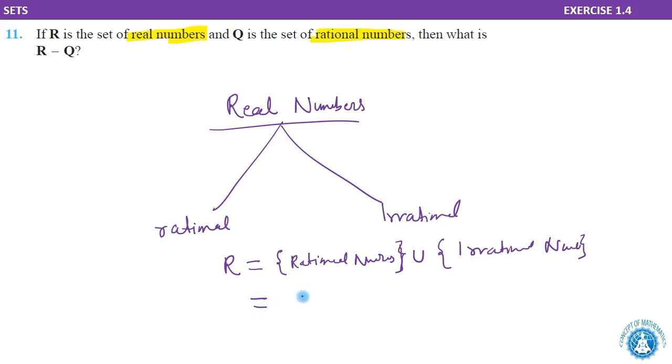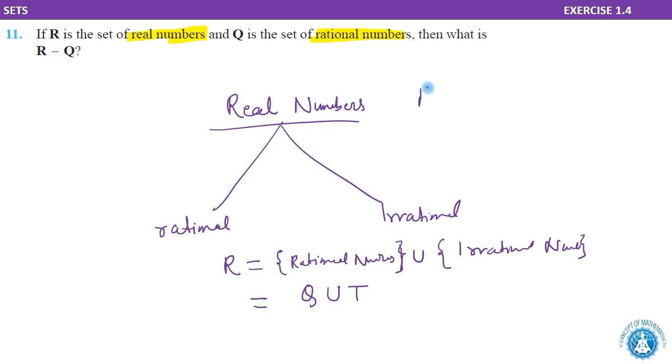So rational number is Q and this is T, correct? So if we remove rational numbers from real numbers, then we will be left with irrational numbers, correct?